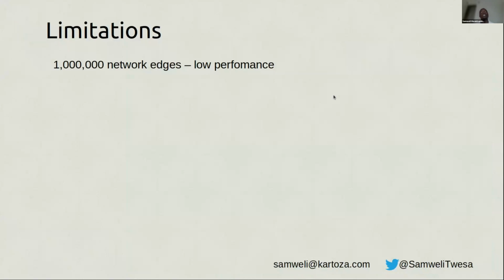Currently, there is a limitation on the number of network files. The plugin in PostGIS currently struggles if you give it more than 1 million network edges. Let's say you want to create isochrones for all of the Europe airports.